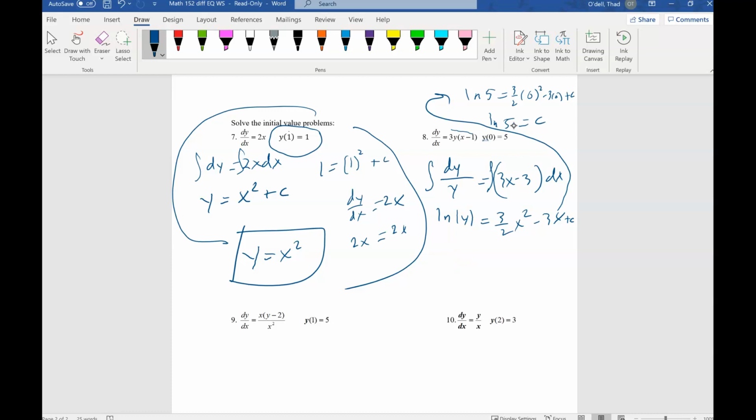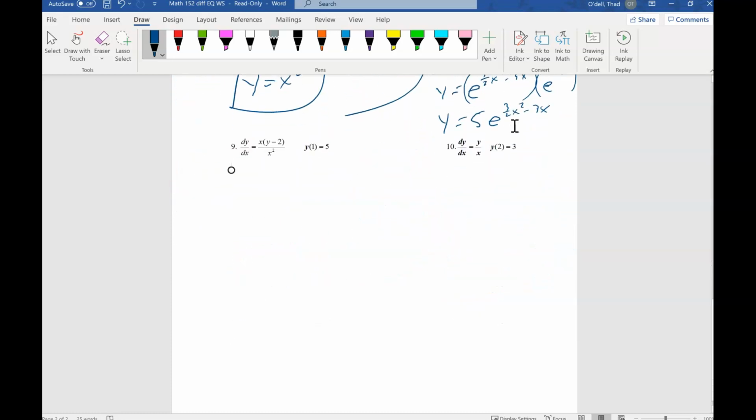So when I exponentiate both sides, I get y is equal to e to the 3/2 x squared minus 3x times e to the natural log of 5. And of course, e to the natural log of 5 is just 5. So that'd be y is equal to 5 times e to the 3/2 x squared minus 3x.